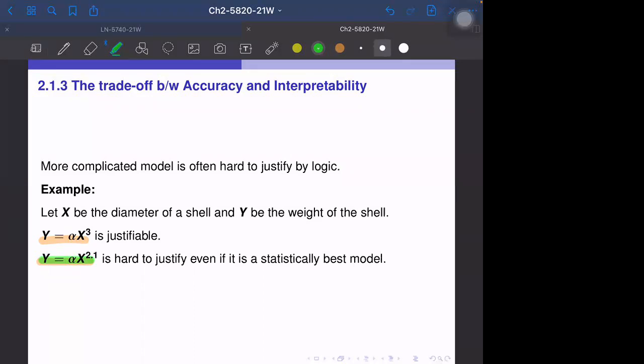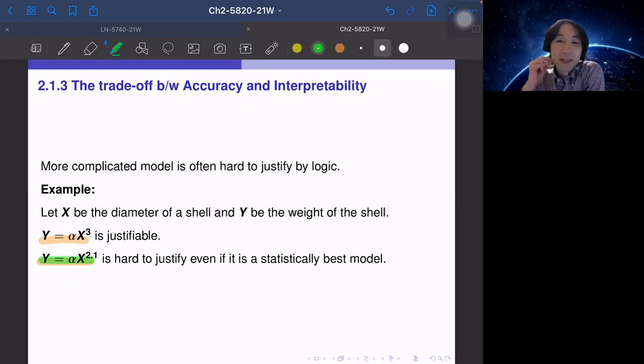I'm a little confused on what this means. Interpretability, is that how readable it is, or is that how well it'll do on non-trained data? The interpretable means that we have more scientific justification.